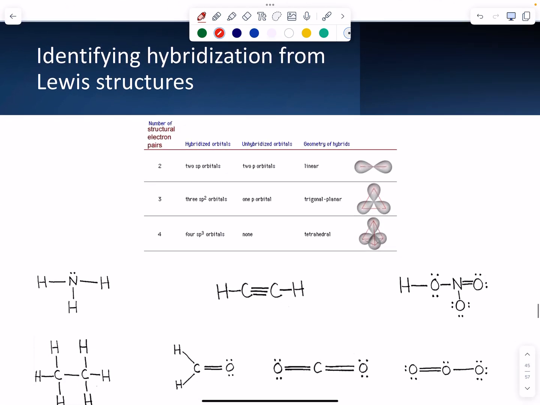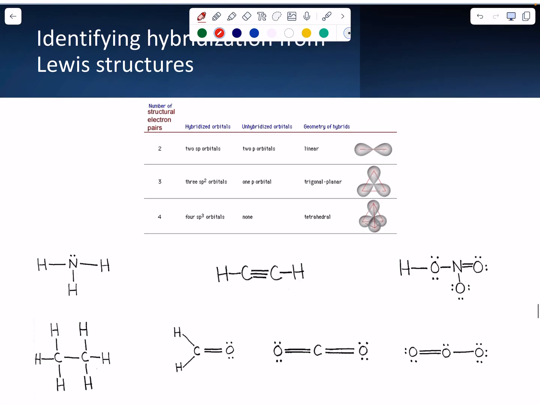If you want to identify your hybridization from a Lewis structure, you're just going to treat regions of electron density as things. So let's look at one with multiple bonds. Let's look at our carbon here. How many things are around our carbon? How many structural pairs?